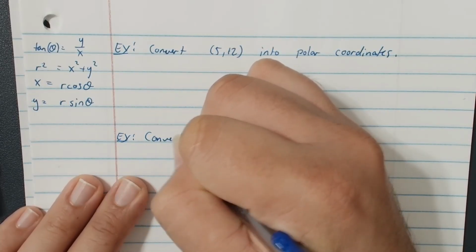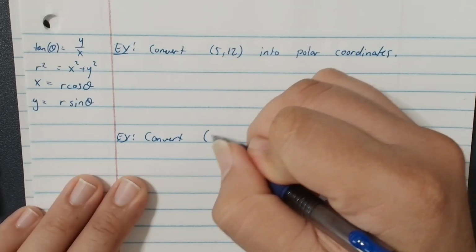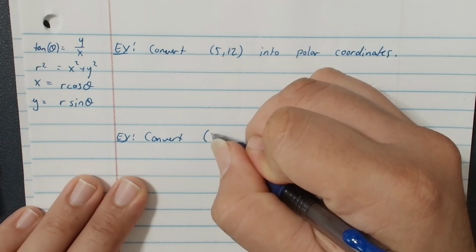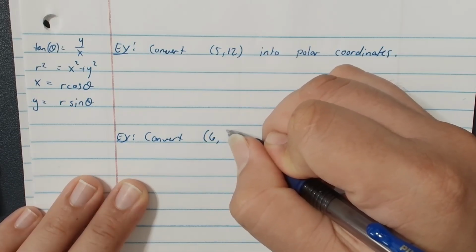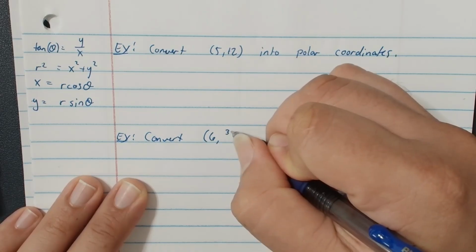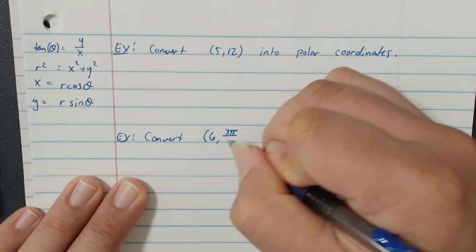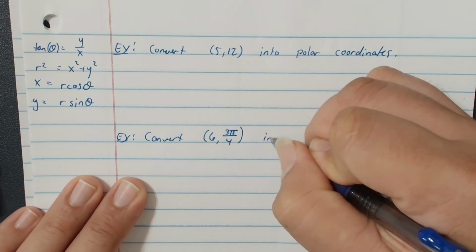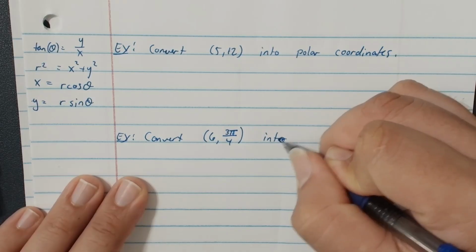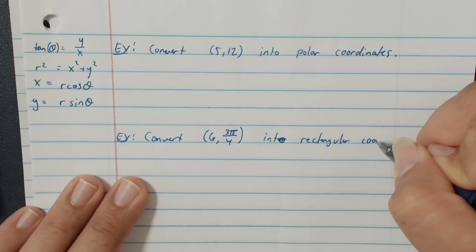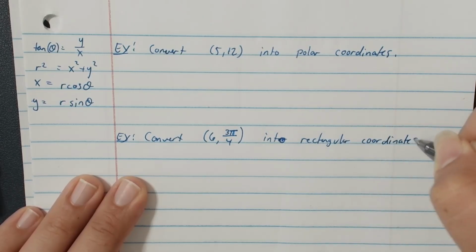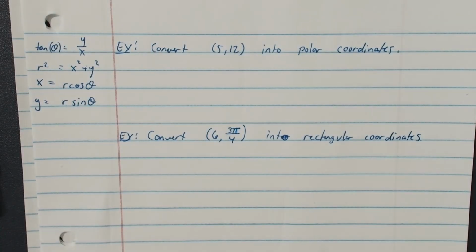You're going to convert, let me do this one in radians, 6 comma 3 times pi over 4 into rectangular coordinates. Go ahead and pause the video, give it a try, just like the 2 examples we've already seen. And once you have a result, go ahead and unpause and we'll go through it together.